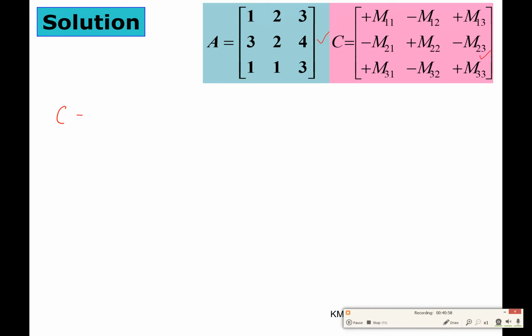So the cofactor here is, I just draw a big matrix. Of course, I want to put positive, negative, positive, here negative, positive, to make it easier.